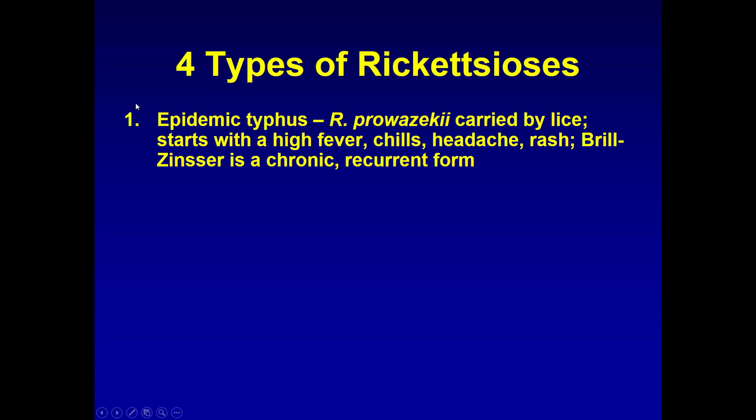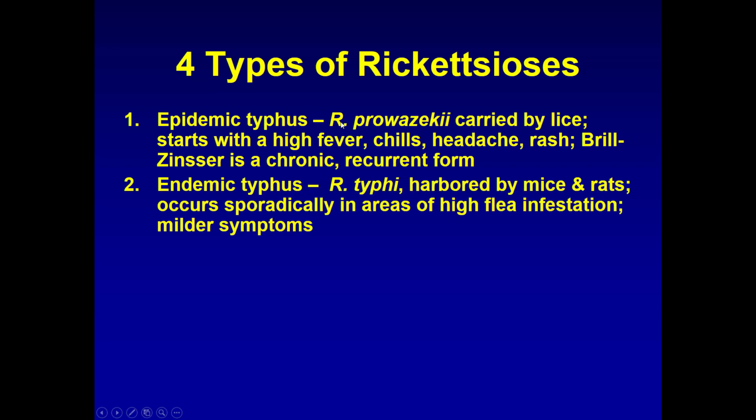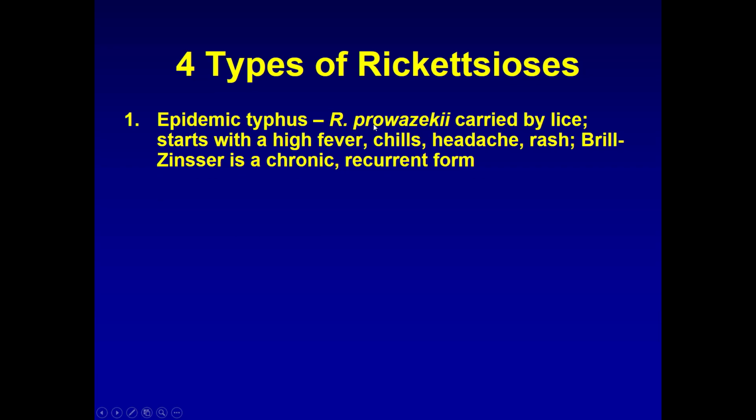But epidemic typhus, I want you to think about this high fever, chills, headache, rash, and this epidemic. And I want you to remember that it takes a pro, a pro carried by lice. So there's some I's for lice. So it's a pro, Rickettsia prowazekii, and then a couple I's for lice.